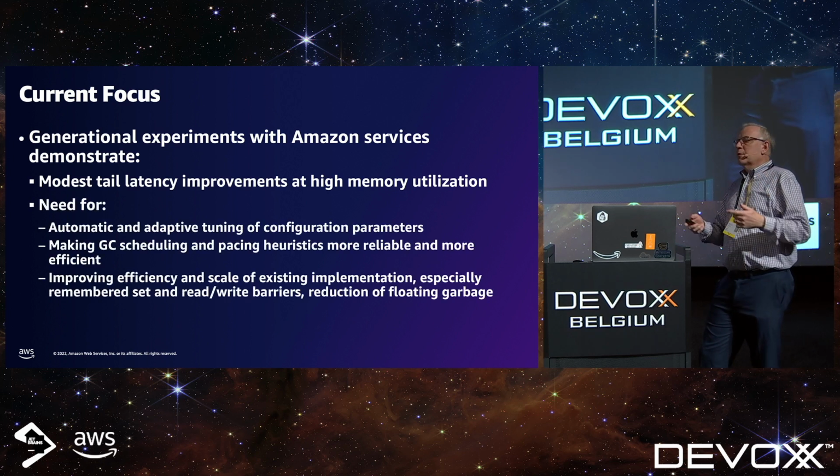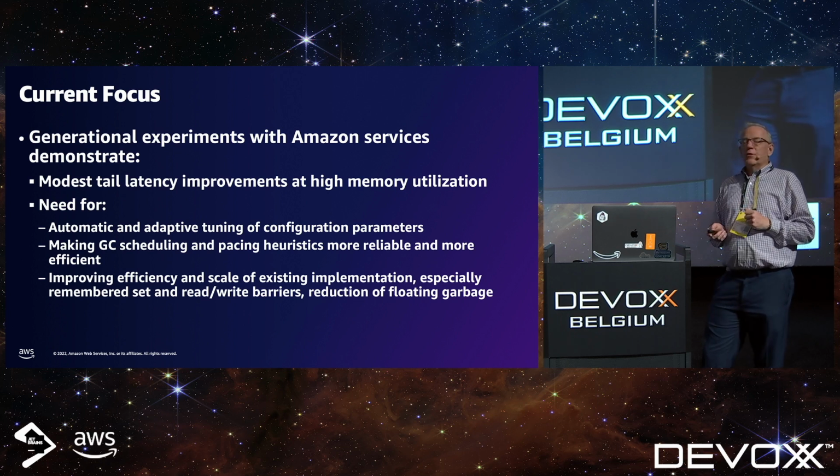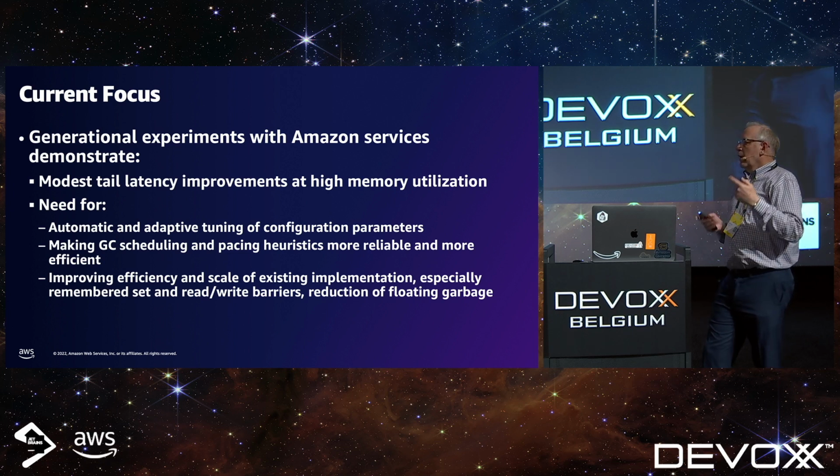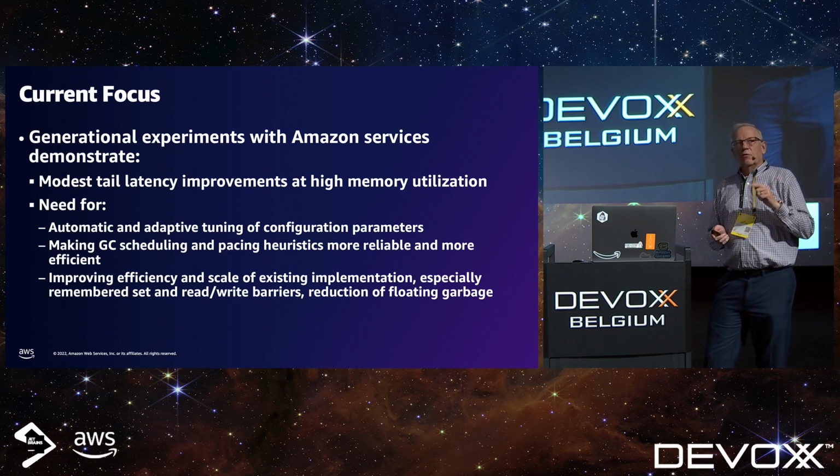But these early experiments are very much emphasizing to us the need for automatic and adaptive tuning of the configuration, making some improvements to the GC scheduling and the pacing heuristics, and improving the overall efficiency with particular emphasis on the way we represent the remembered set, which is how do we know that there's a pointer from old gen to young gen. So how we represent that, how we maintain it, and how we utilize that. And we're also looking at some ways to reduce the floating garbage, further reductions.